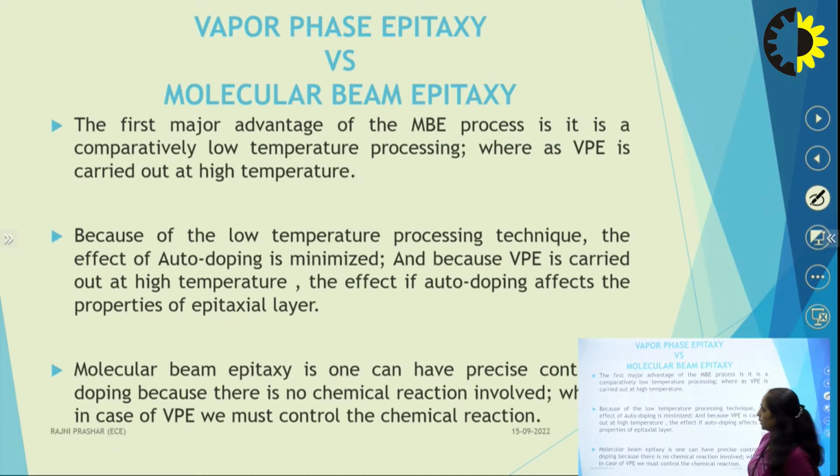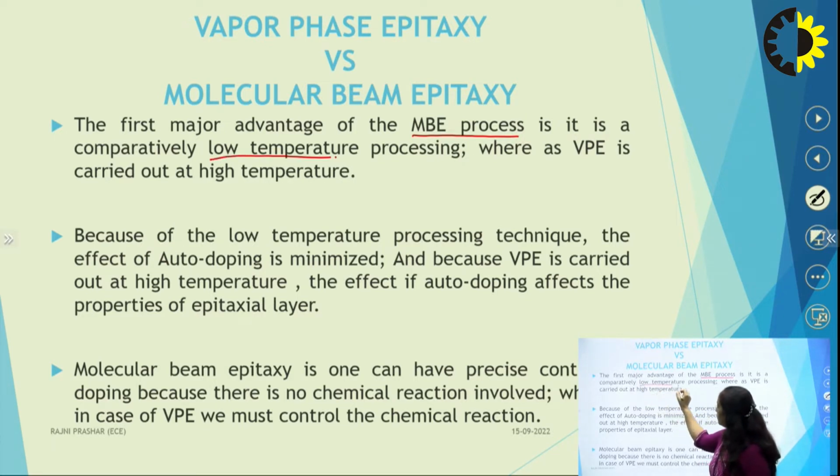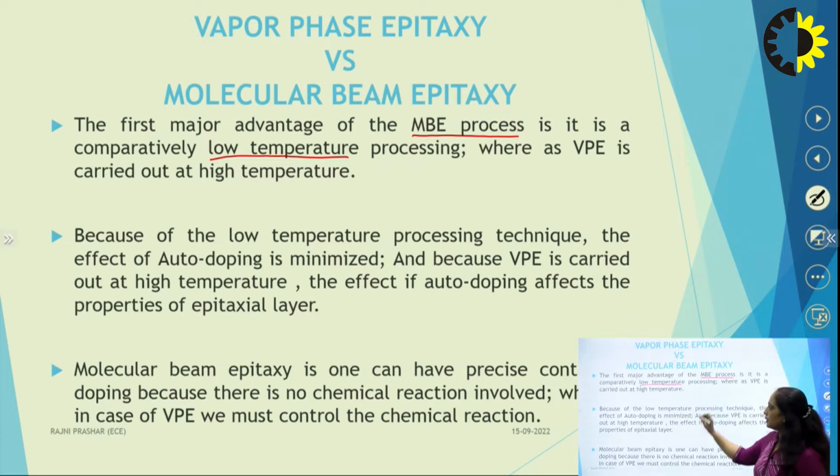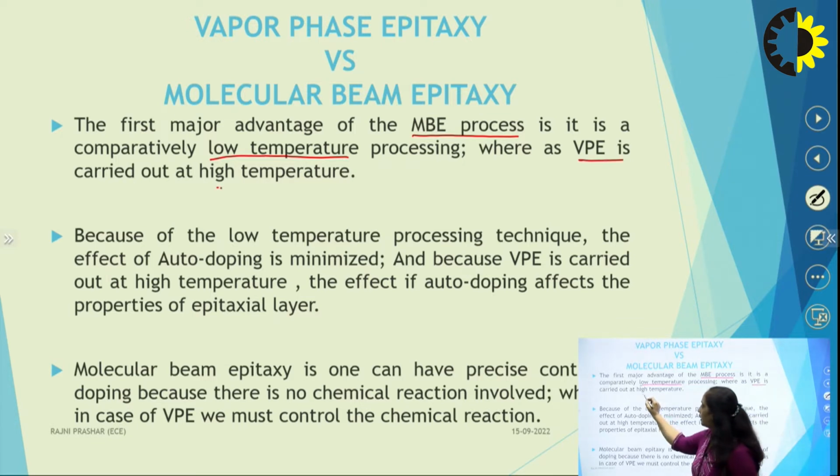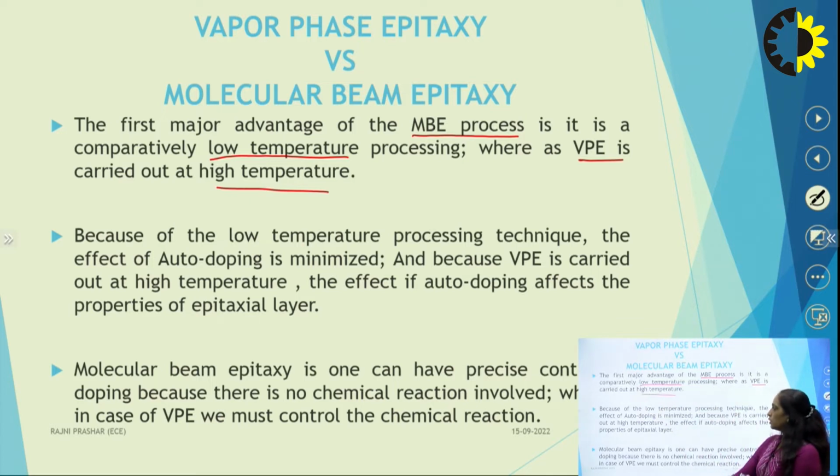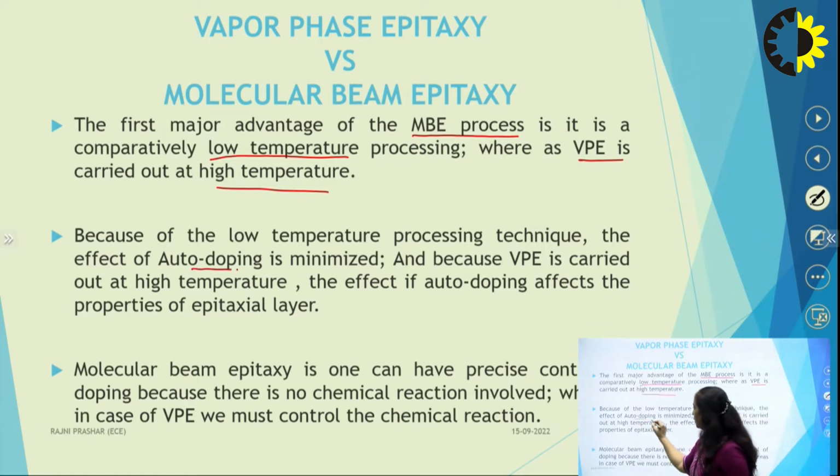If you compare these two epitaxial processes, the very first major advantage of molecular beam epitaxy is that it is carried out at low temperature, whereas VPE is carried out at high temperature. The beauty of this low temperature processing is that the effect of auto doping can be minimized.